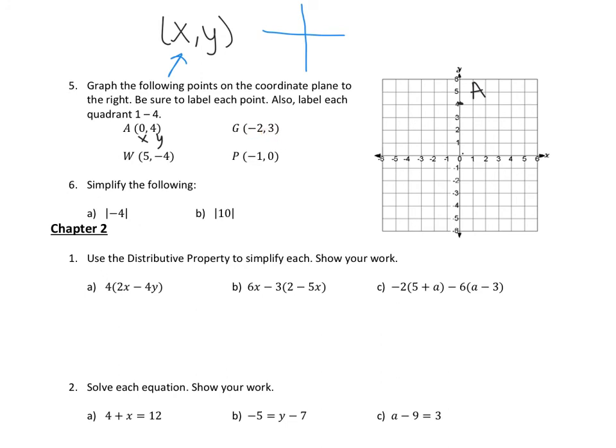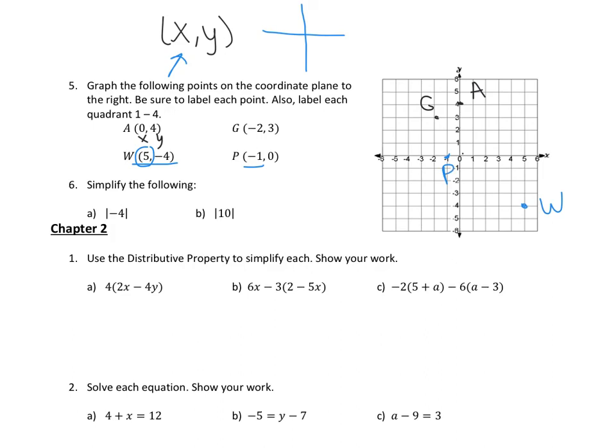So I go left 2, up 3, and I call that G. W, I'm going to go right 5, because that's a positive 5, and then down 4. So right 5, down 4 is going to be W. And then P, I'm going to go left 1, up 0. That's going to be P.